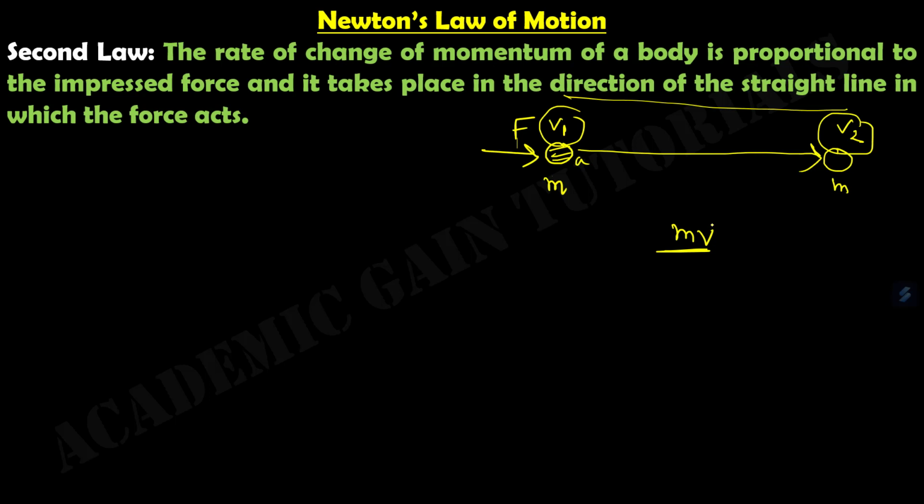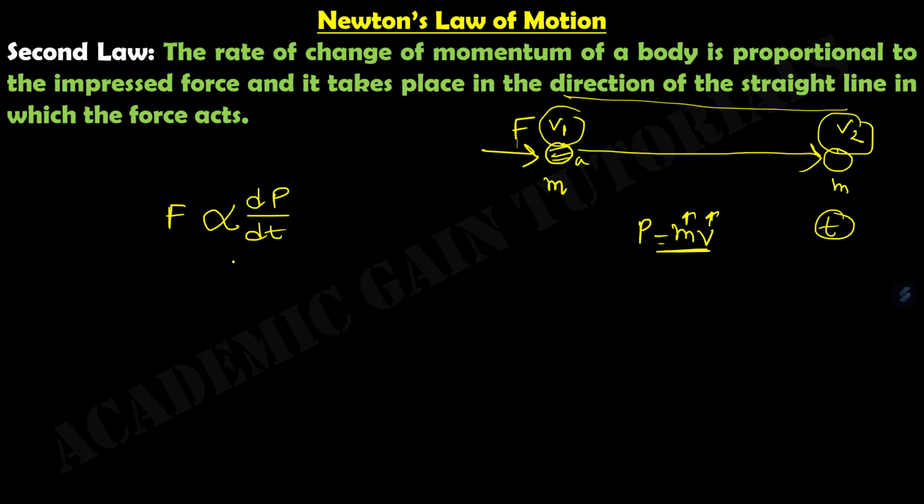The product of velocity and mass is known as momentum p. So what is the meaning of the rate of change of momentum? It depends on how long I applied the force. If I apply the force for t seconds, the rate of change of momentum will be dp by dt. And the law says that the rate of change of momentum is proportional to the force.